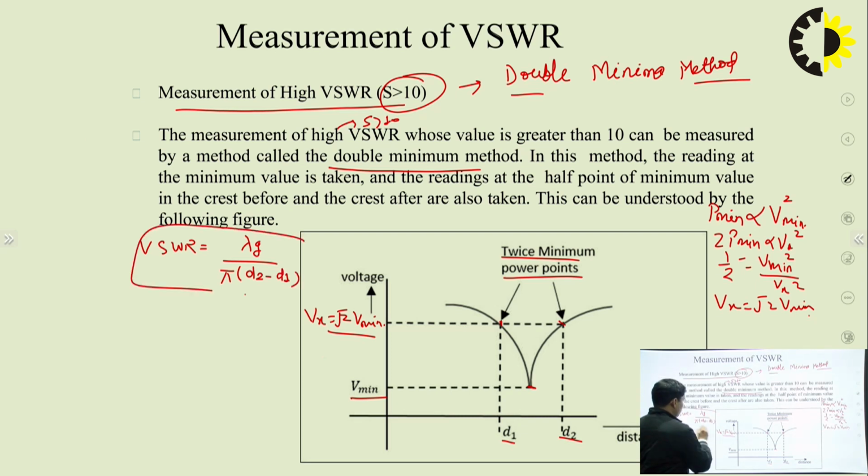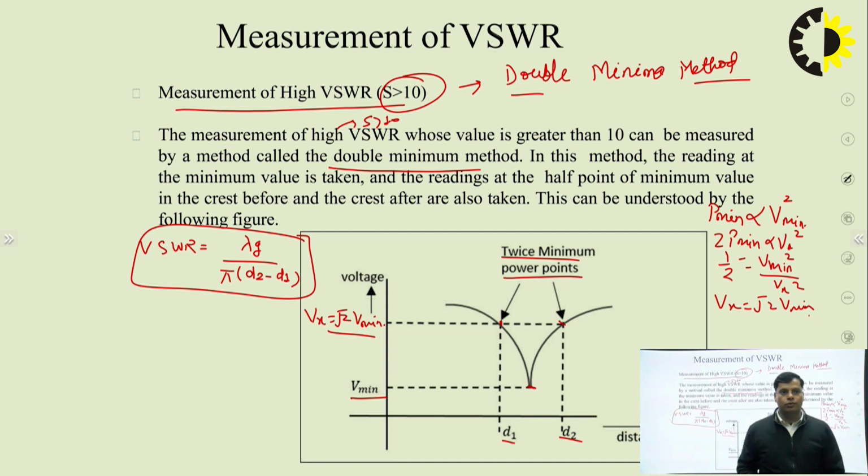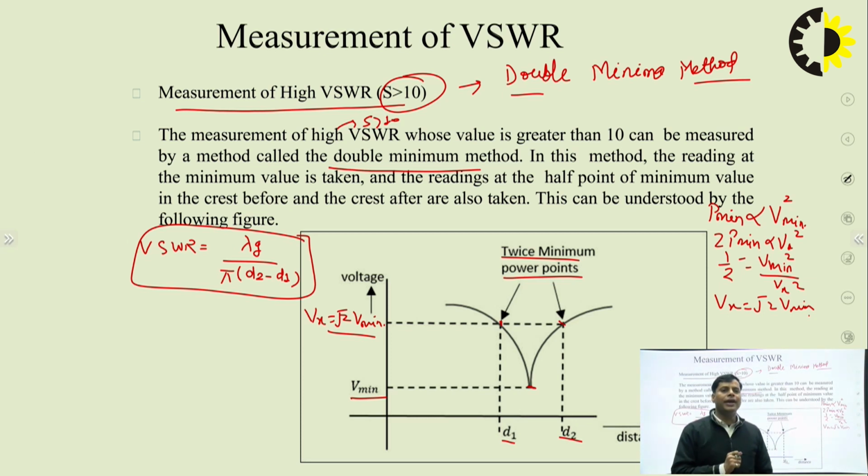This relation we now have with us. So after putting these 2 values, D2 and D1, in this equation, we can get the value of VSWR. But here is another unknown, that is lambda G, the guide wavelength.